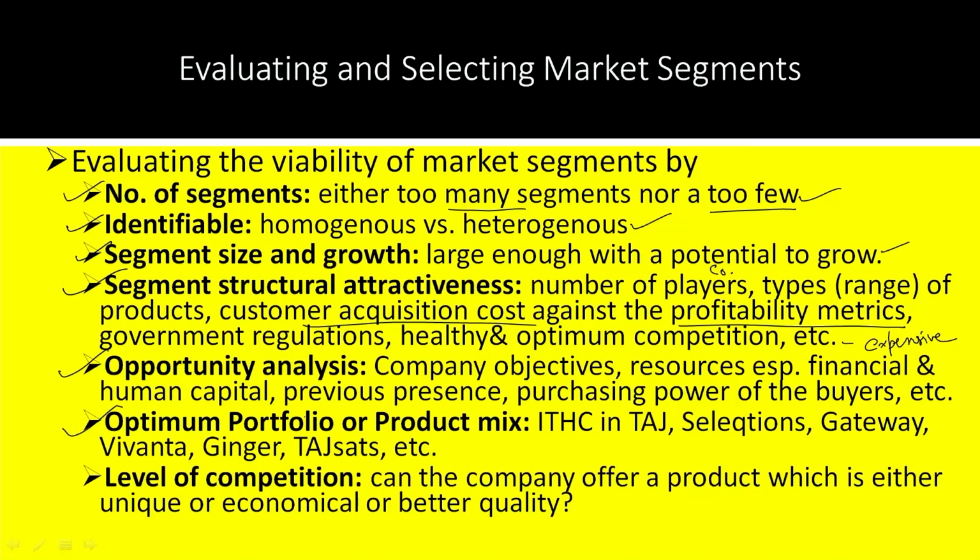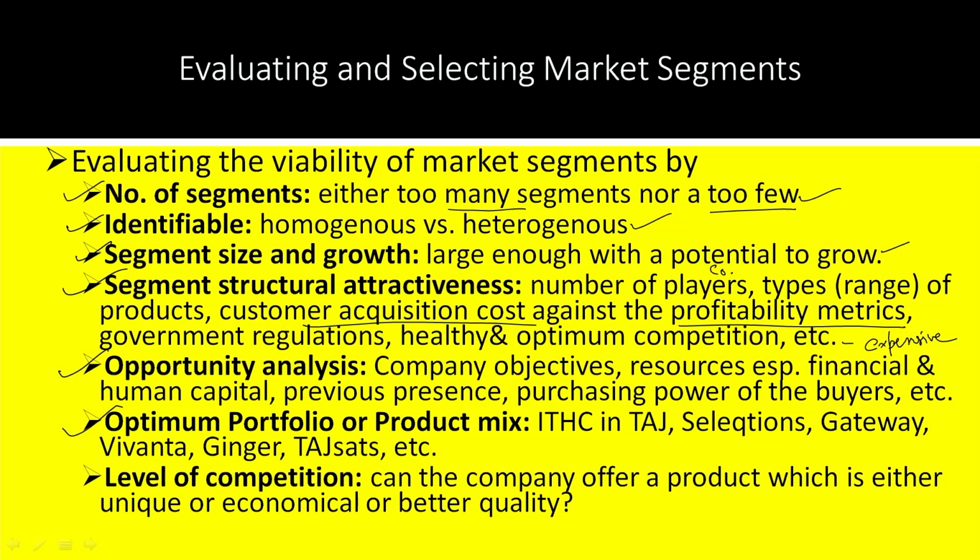With this, the portfolio of the company, that is the product mix, becomes robust enough to survive in the long run and also to absorb the setbacks which may come in any segment of the market by making profit in other segments.